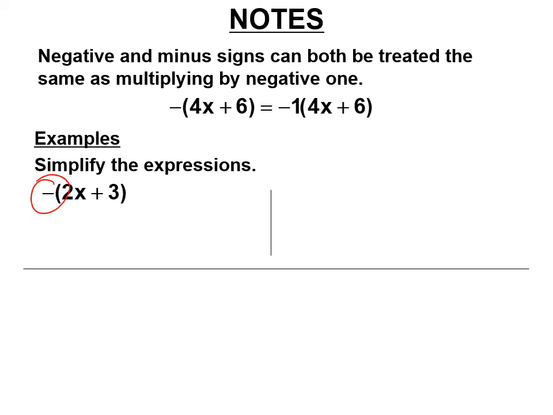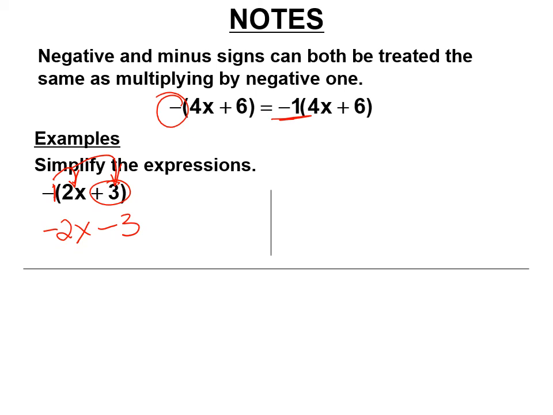But the key is that when you have this situation, you are going to distribute a negative 1 there. So I like to write it in, that negative 1, whenever I have a minus or a negative right in front of parentheses. So when you distribute this, you're going to get negative 2x minus 3. And everyone remembers the negative 2x. It's the minus 3 part that people forget, because you have to multiply both of those by negative 1.